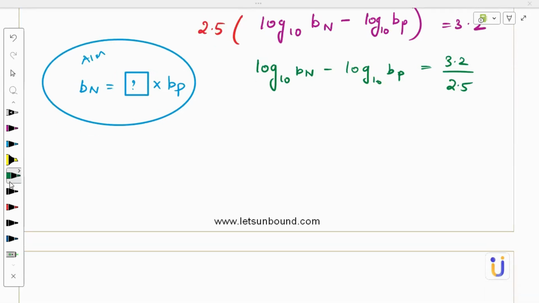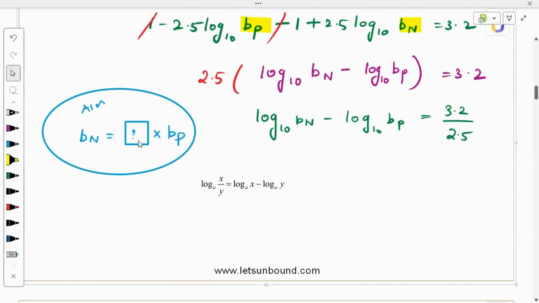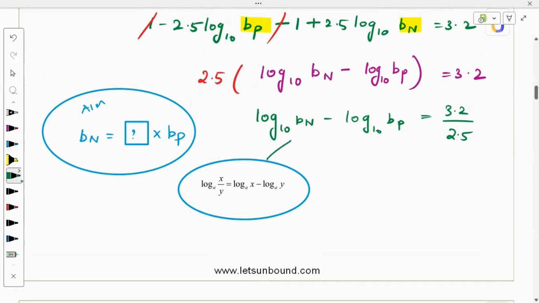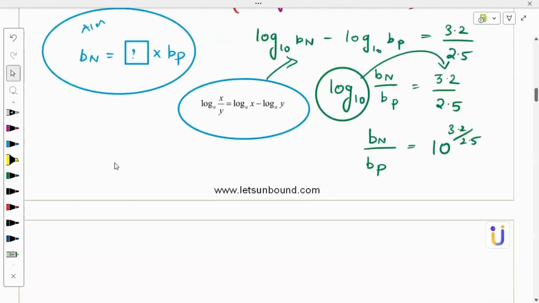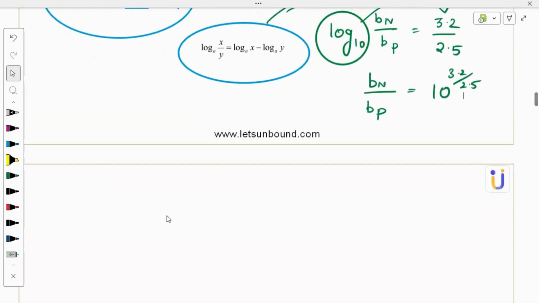You know this too, but just for reference. If you use this, you can condense this logarithm: log with base 10 of Bn by Bp equal 3.2 by 2.5. I want this ratio. If you transpose the log 10 to the other side, it will go 10 raised to the power 3.2 by 2.5. That's it. And we have to switch to the calculator and solve.